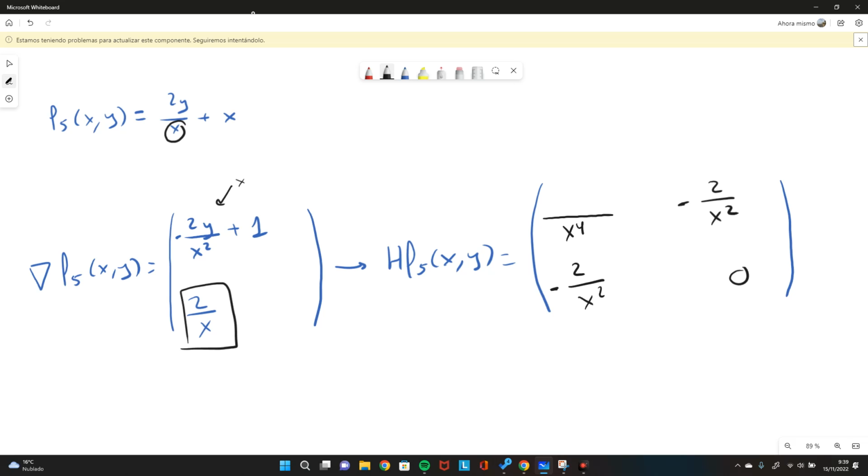And then it's again negative, but as it was negative, now we have positive, and here is just 2y, because it's just a constant, and that goes there like that. Well, let's go after number 6.